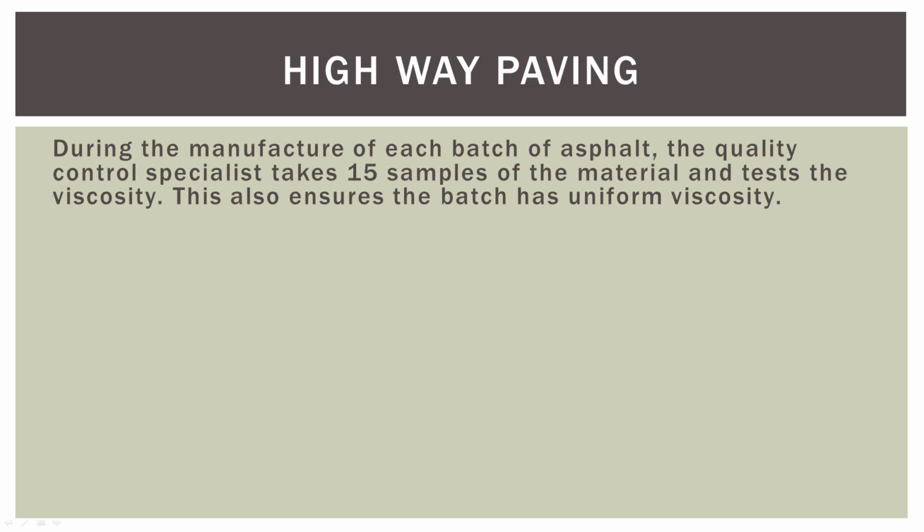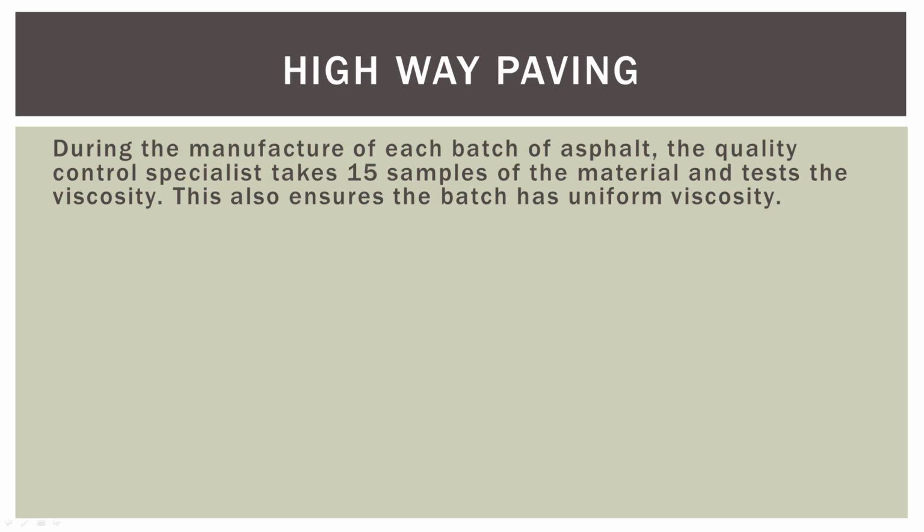During the manufacture of each batch of asphalt, the quality control specialist in the company takes 15 specimens, or 15 measurements. I should have changed that word sample there, since I use that word differently, which we'll talk about in a minute. It takes 15 specimens of the material and tests its viscosity back in the lab. This also ensures that the batch has uniform viscosity.